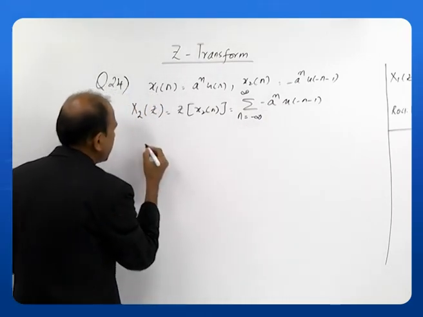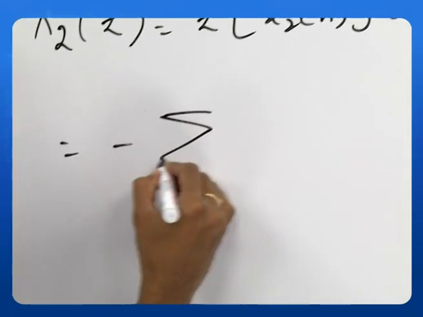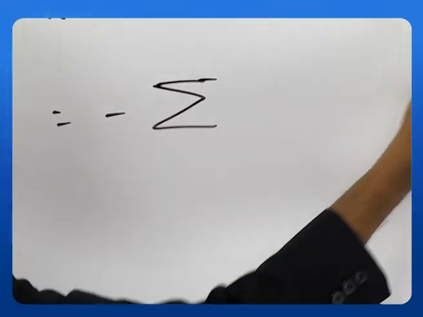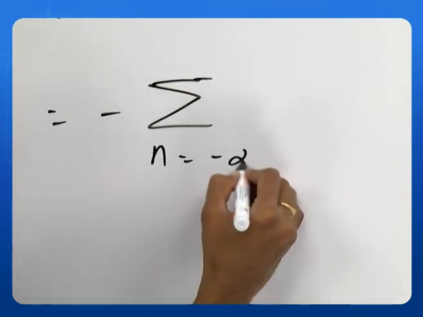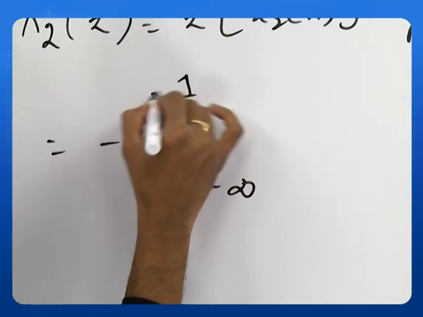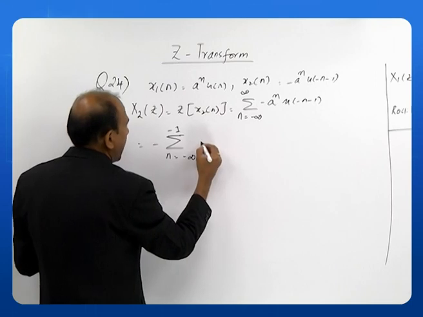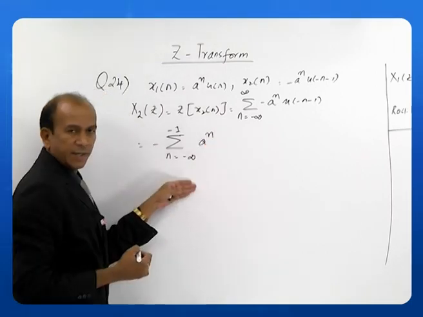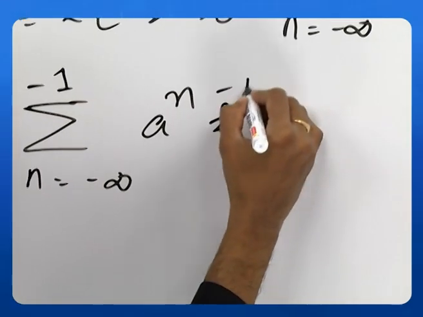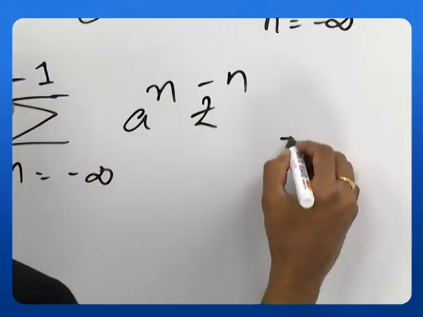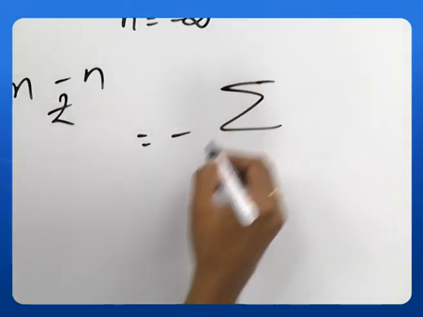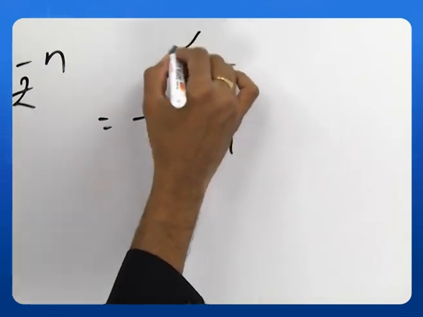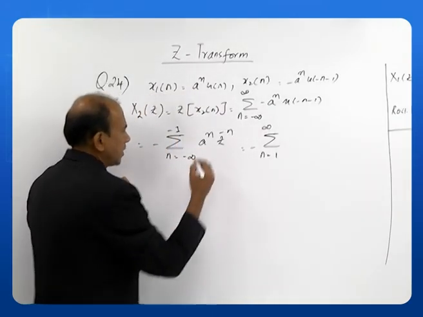So, you have to just change this and bring out the negative sign here. So, I can write this as summation from minus infinity to minus 1 of a to the power of n. Now, this I can write as a to the power of n, z to the power of minus n. This I can write as minus, summation n is equal to 1 to infinity. So, I will change the signs here.